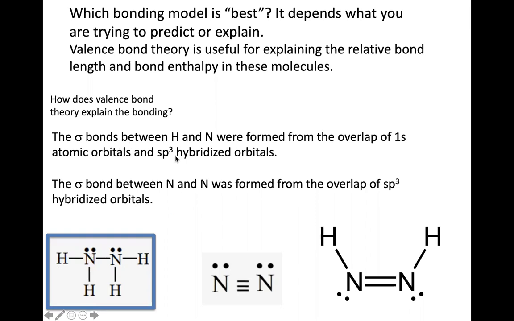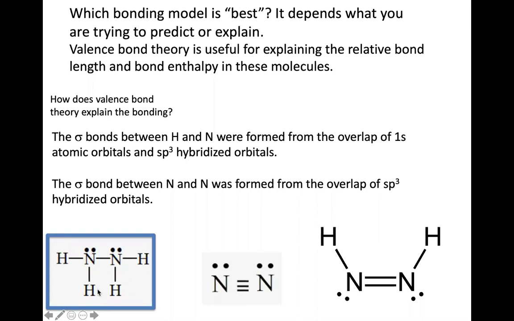How do I know it's sp3? I'm looking at the electron domains of that inner nitrogen, and I see that it has 4 different regions, tetrahedral, so therefore it must be sp3 hybridized. The sigma bond between the nitrogens is formed from the overlap of the sp3 hybridized orbitals that I have on each of the nitrogens.